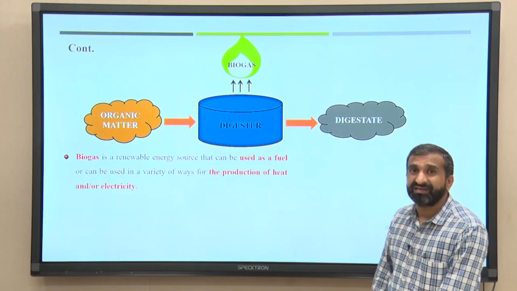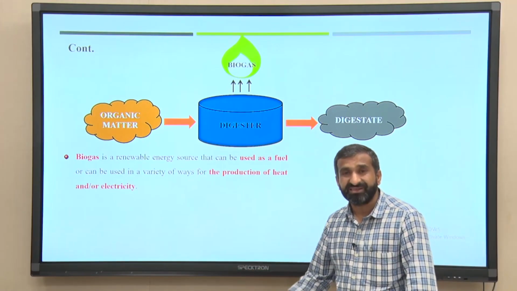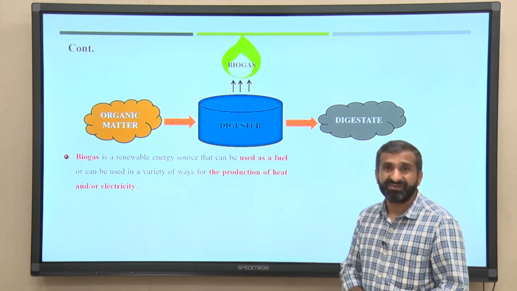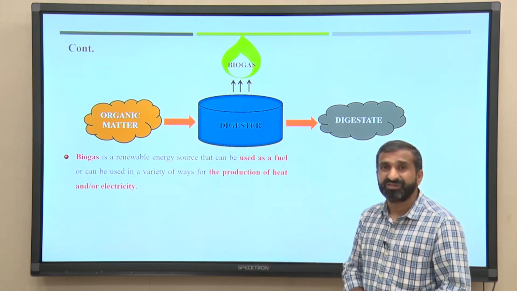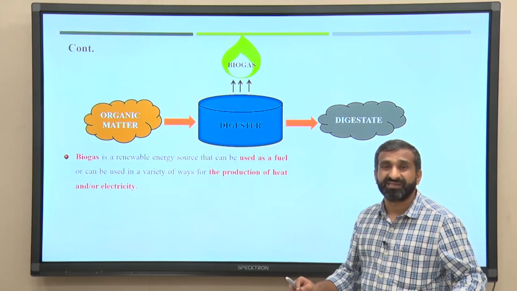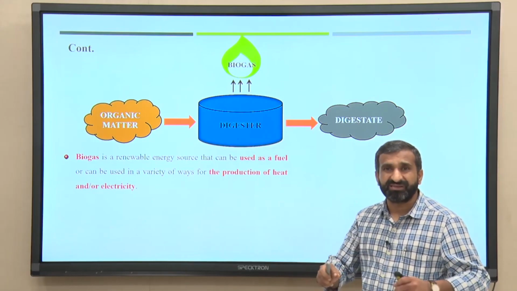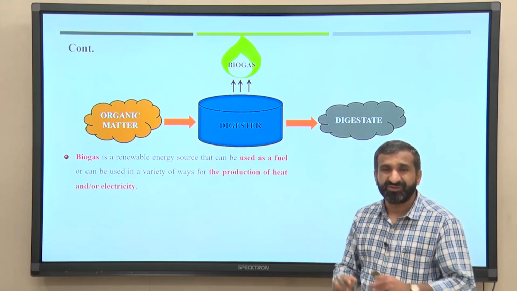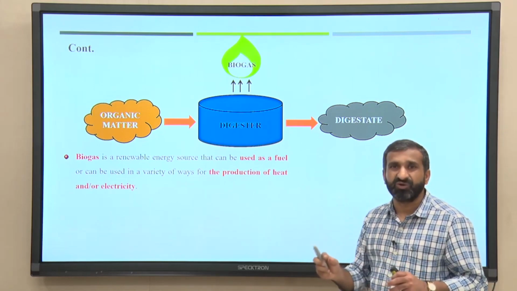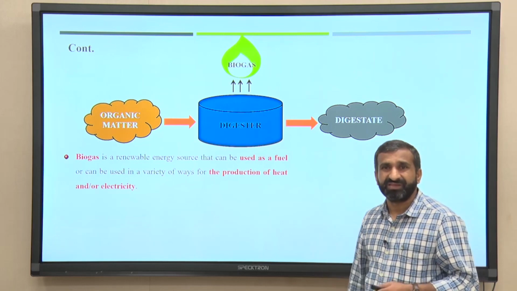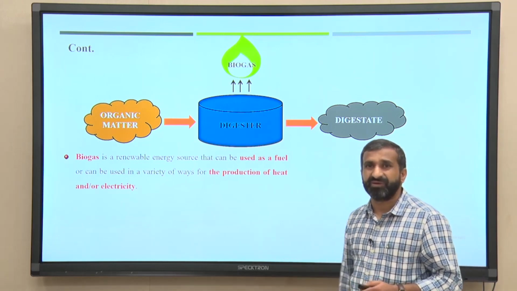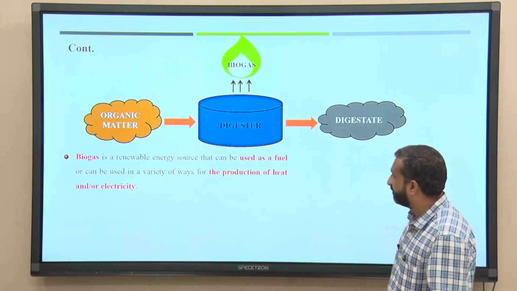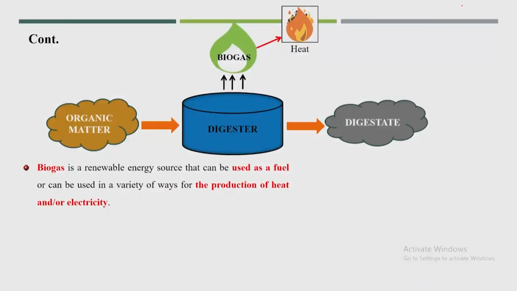This biogas can be used directly in the kitchen for cooking purposes, without any separation. The only problem is that carbon dioxide is a highly corrosive gas. So, if that percentage is low, then we can easily use this biogas directly for cooking.